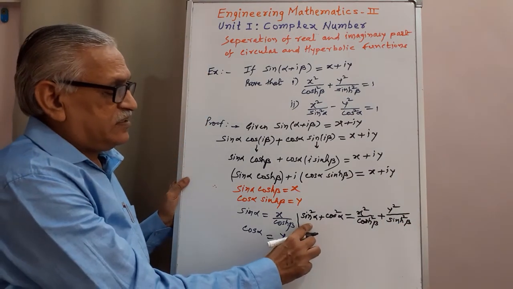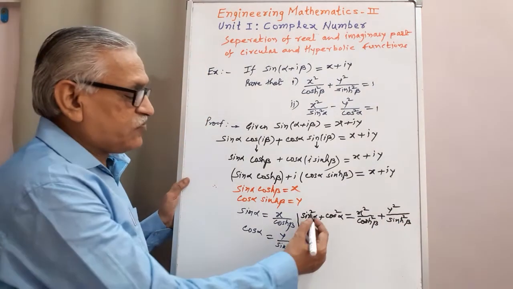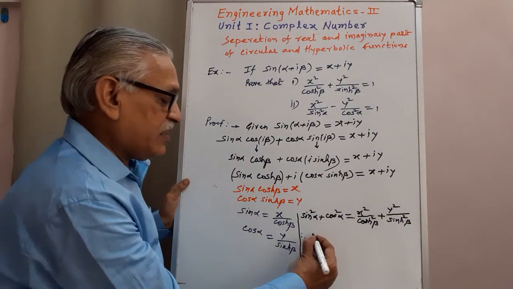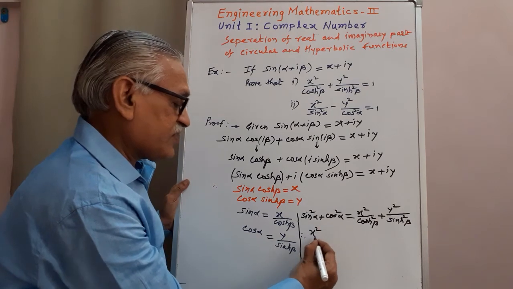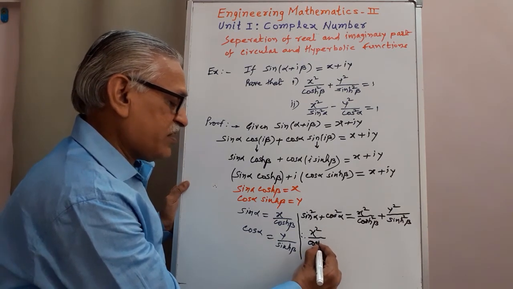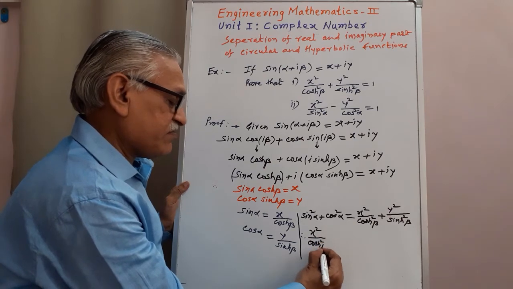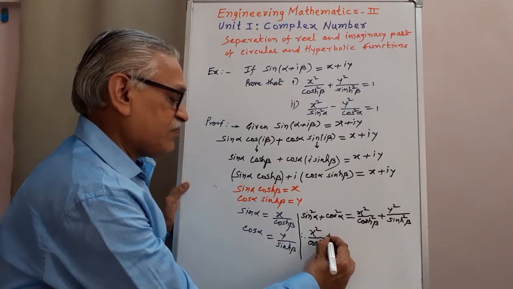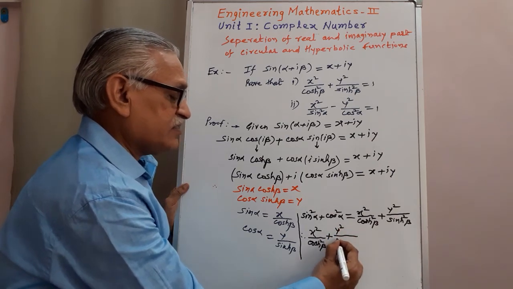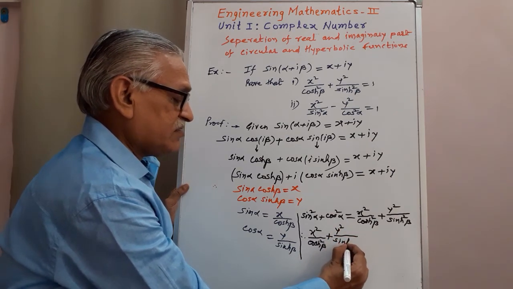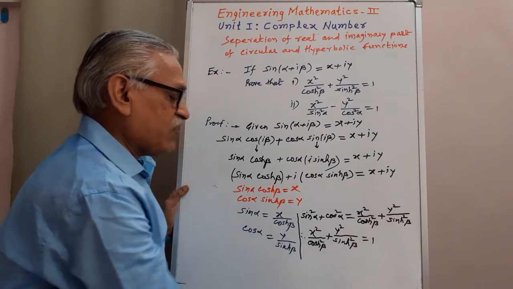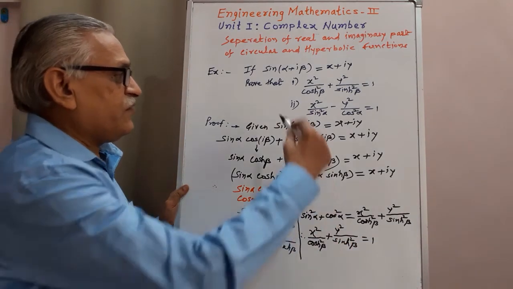But standard trigonometric result, sin square alpha plus cos square alpha is 1, and therefore we get x square divided by cosh square beta plus y square divided by sinh square beta is equal to 1, means we get the first result.